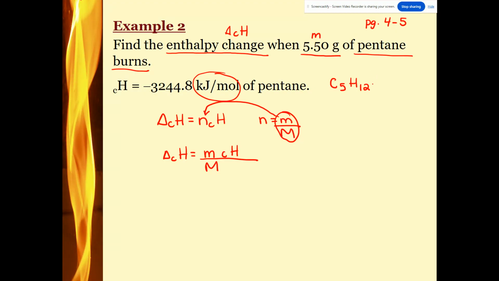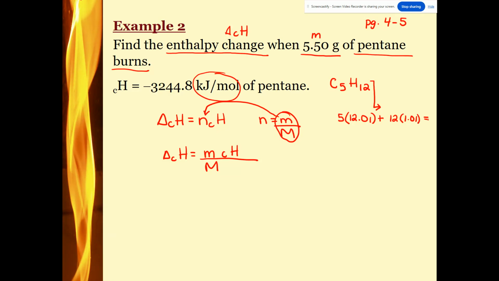Now, I've mentioned this to my students before. When you're calculating the molar mass of a substance, I've seen students do it stepwise and it takes a really long time. You want to try to be as quick and efficient in this as possible. So what I would recommend doing, open your calculator, and put 5 for the number of carbons, and then in brackets put the molar mass of each carbon, and then add 12 for the number of hydrogens and the molar mass of each hydrogen, and then hit enter.